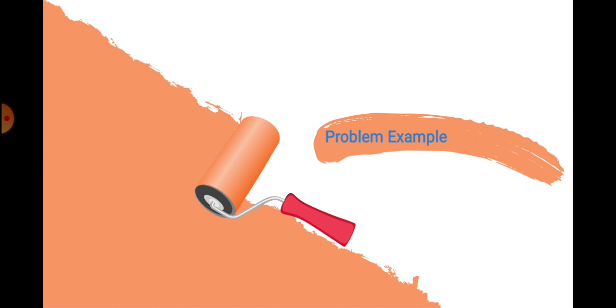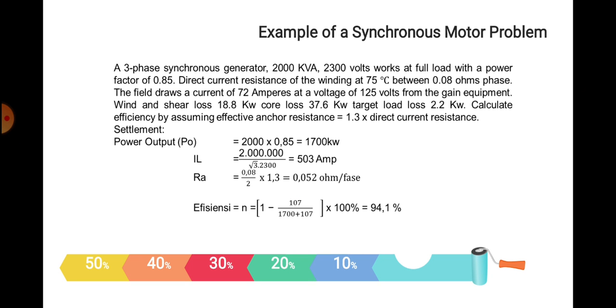Problem explanation. Explanation of a synchronous motor problem. A three-phase synchronous generator of 200 kVA, 220 volts works at full load with a power factor of 1.585.